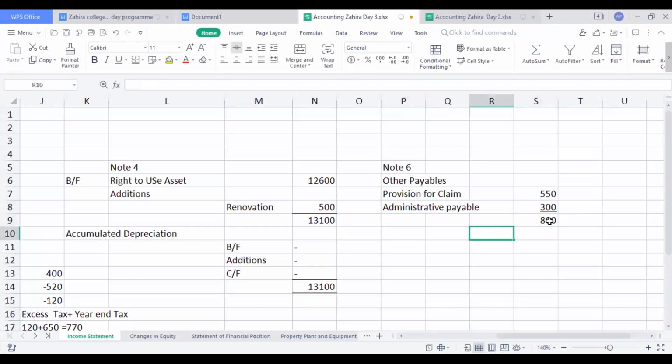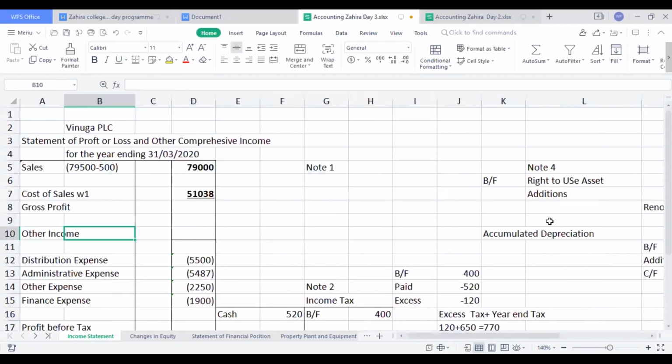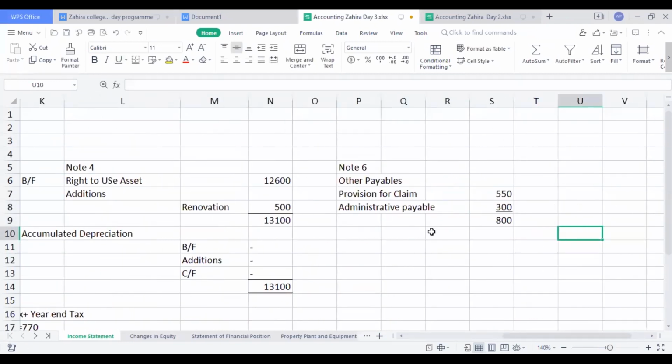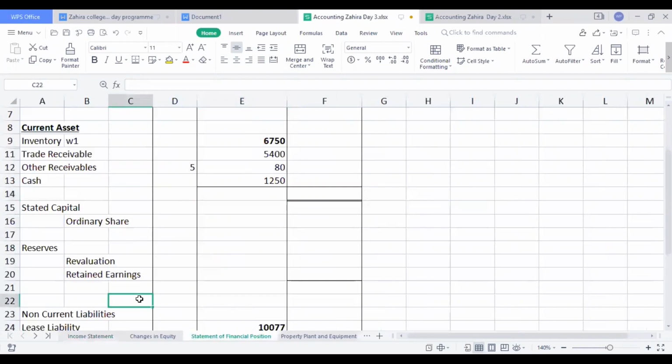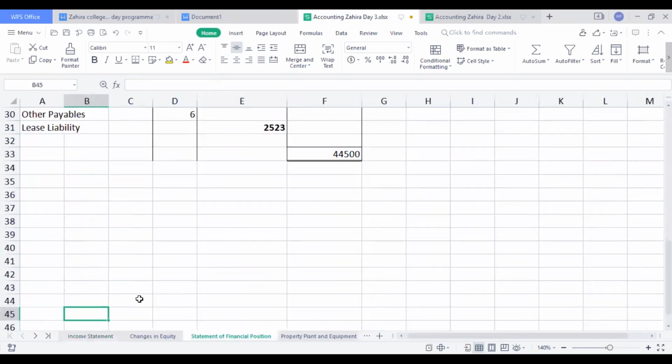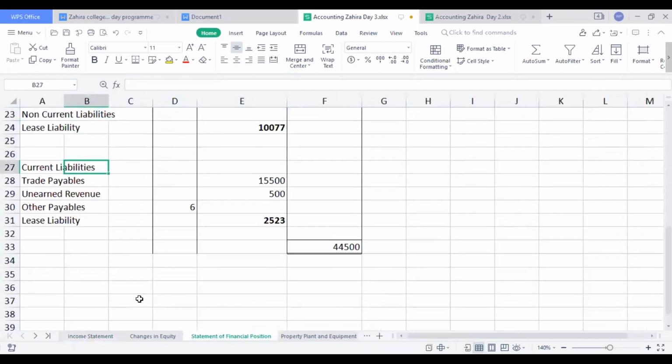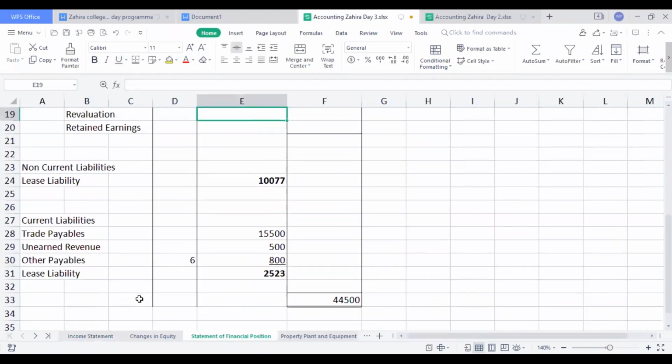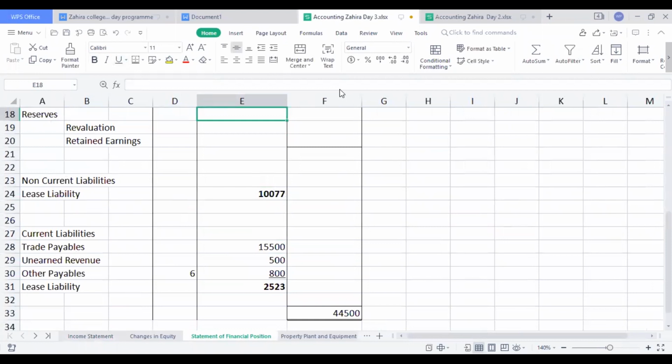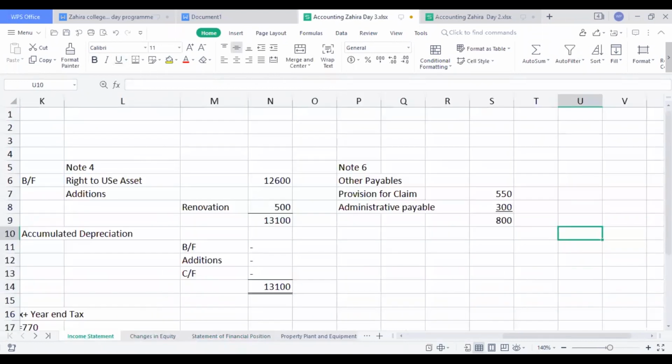So I'll transfer this note 6 amount into the statement of financial position. Note 6, 800. Recorded, done. Then what do we have? Almost everything is done now. I can finalize the sum.